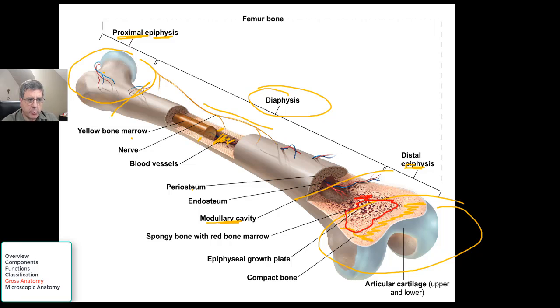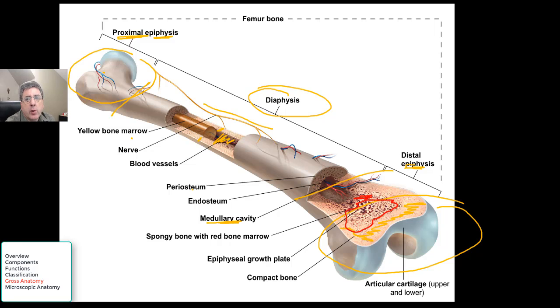That's much more of a porous area, so that's going to be the spongy bone on this one. Now the sponginess on here, which is within the epiphysis, both proximal and distal, allows for stress resistance, or it resists stress in multiple directions, okay? It also contains marrow, bone marrow in these areas.